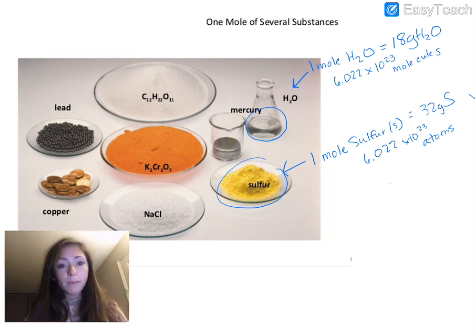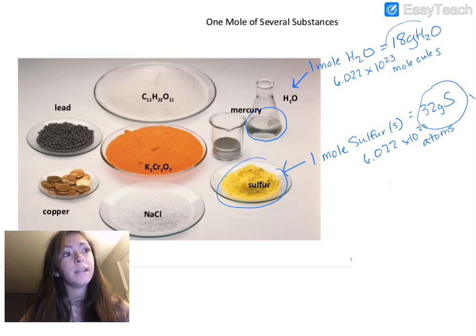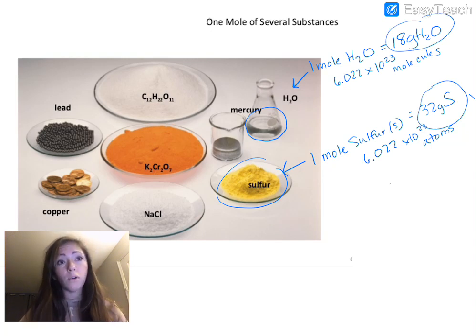So remember that the count is always what we call Avogadro's number, or Avogadro's constant, which is 6.02 times 10 to the 23rd, all right? And that's how many particles it is, whether it's an element or a compound, okay? But the mass is subjective. The mass depends on its mass from the periodic table. Just like 1 dozen eggs is 12 eggs. 1 dozen donuts is 12 donuts.